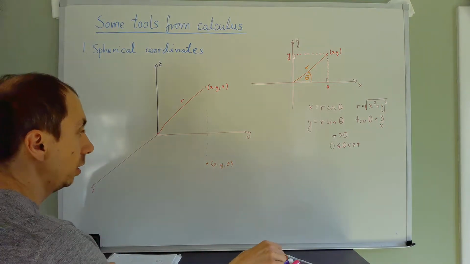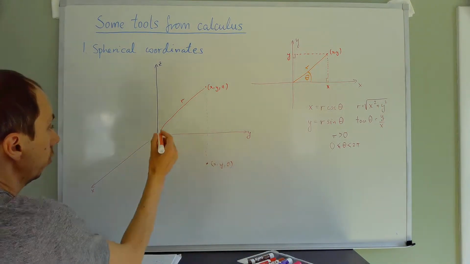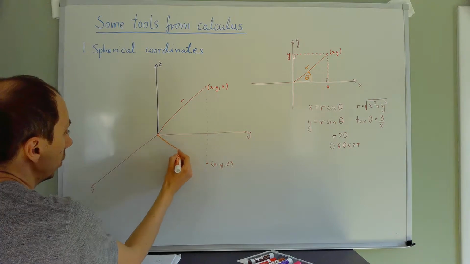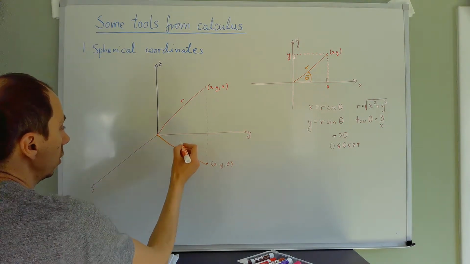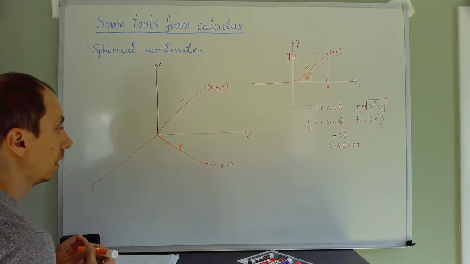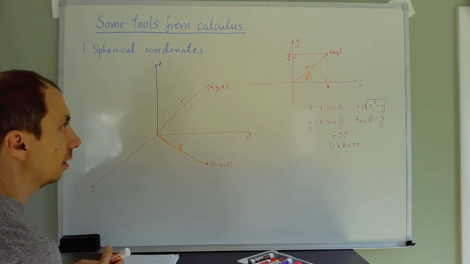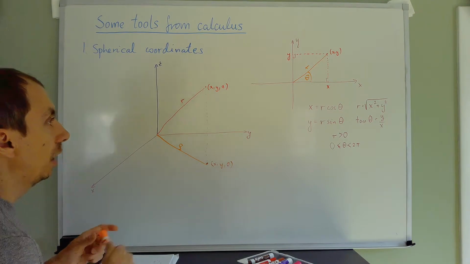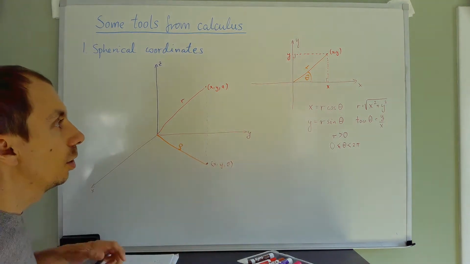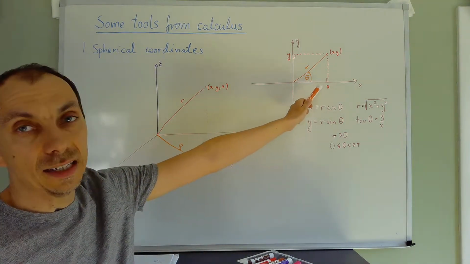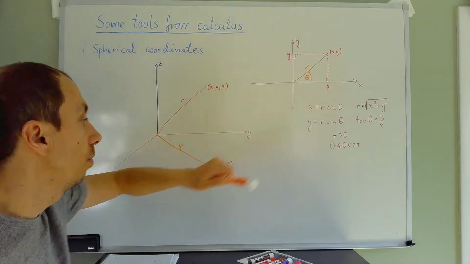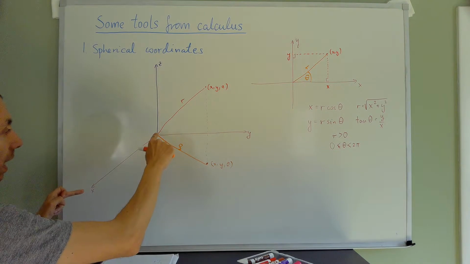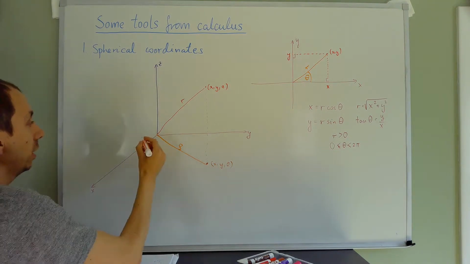And to this point, you can just use the polar coordinates. So this point has some distance from the origin. Let me just denote this distance by rho. And then there is the angle theta somewhere. Note that the angle theta is between the x-axis and the line on the xy plane that connects the origin with the point. So theta is actually here.